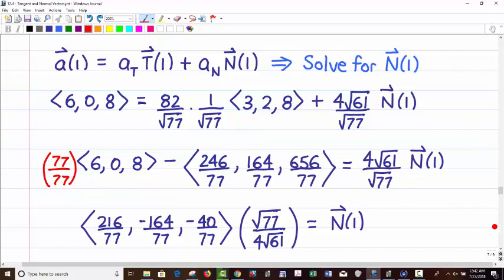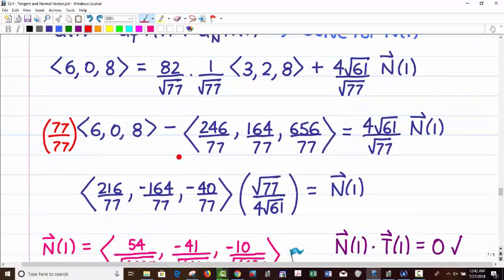So you can do the arithmetic here, but basically 6 times 77 minus 246 will give you 216 over 77. This one is 0 minus 164, makes that negative 164. Then we have 8 times 77 minus 656 will give me negative 40 over 77.